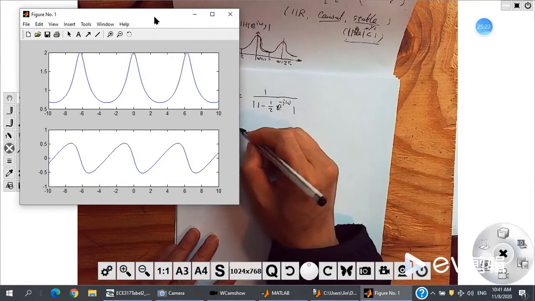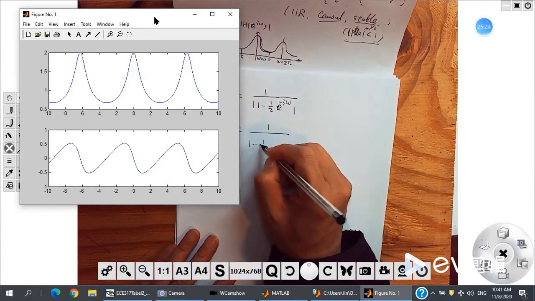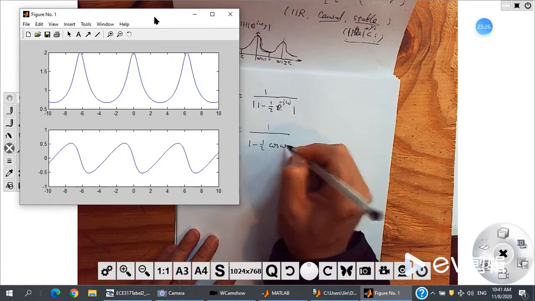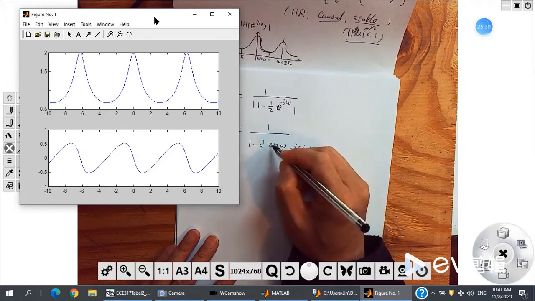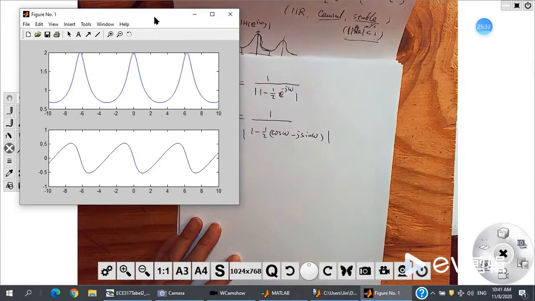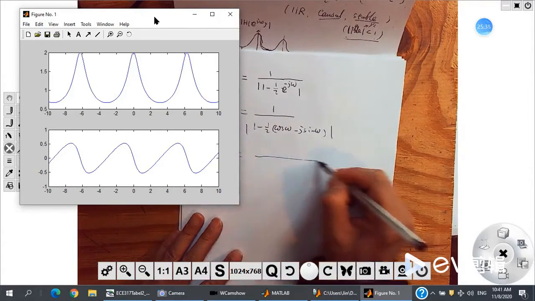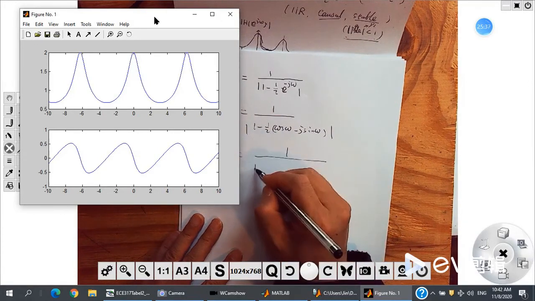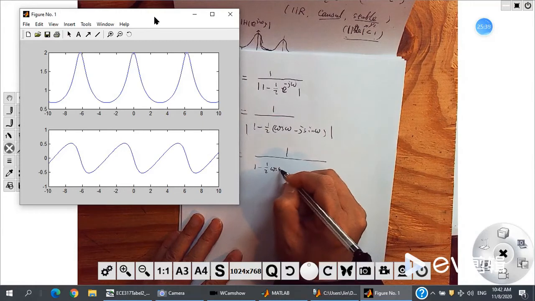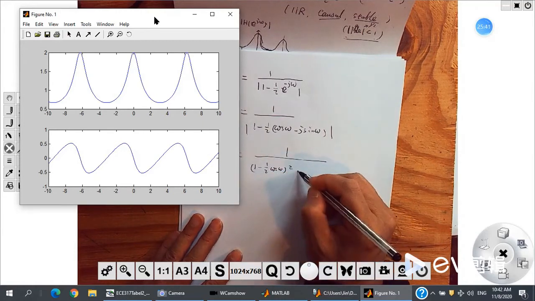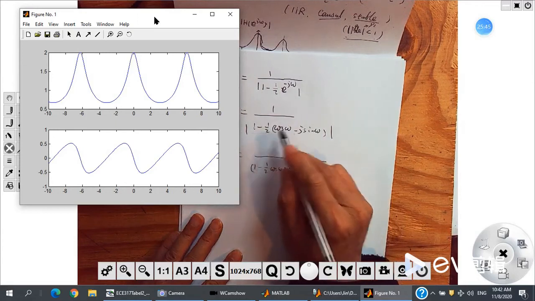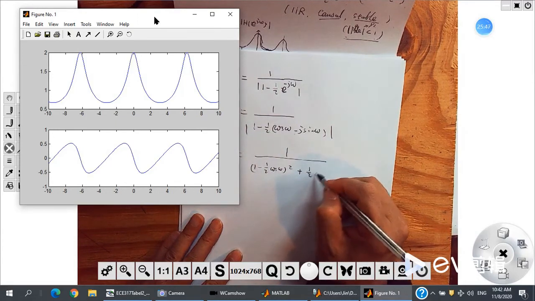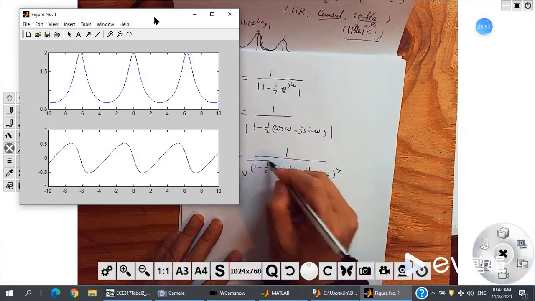So this is 1 over the magnitude of 1 minus 1/2 times cosine ω minus j sine ω. Then the magnitude will be the real part squared plus the imaginary part, which is 1/2 sine of ω, squared, and square root. So it is this one.